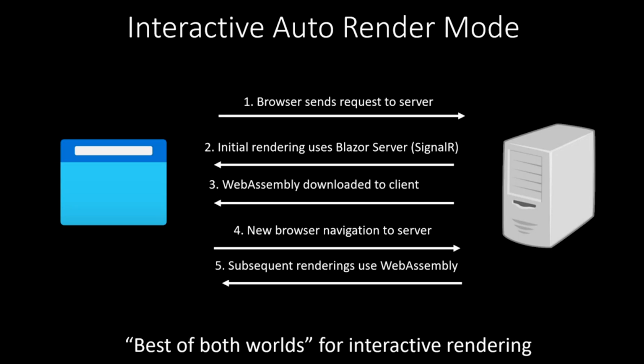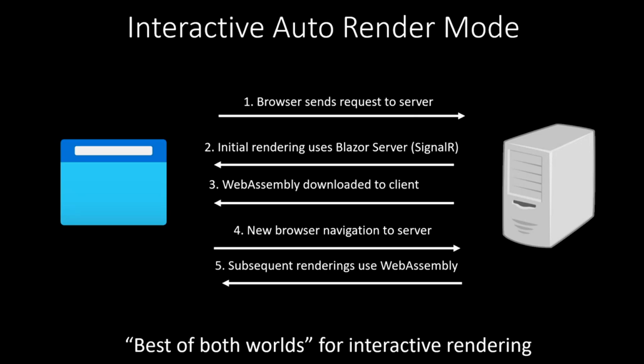And then on a subsequent navigation from the browser, so if a user clicks on a link, then the subsequent rendering that occurs, it'll notice that WebAssembly has already been downloaded to the browser, and it'll then use WebAssembly to render the output, as opposed to using SignalR. So it does this transition from SignalR to WebAssembly, and it happens for the most part in the background, so the user's not aware of it.